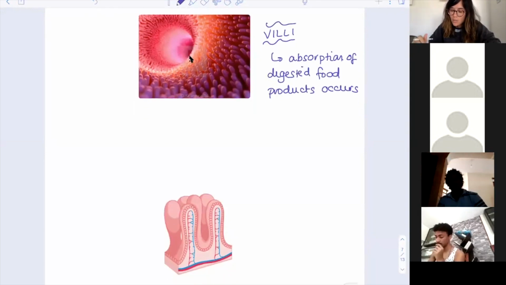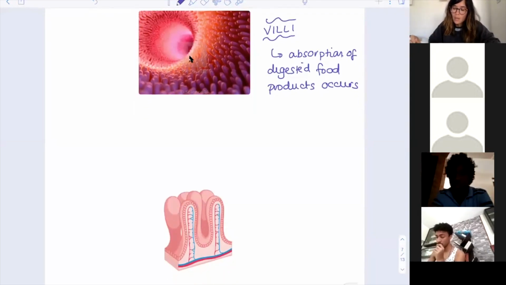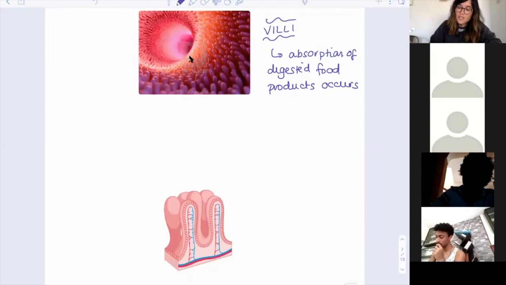And that's what this little diagram is at the bottom. You can think of it a bit like when you dry yourself with a towel. Think about the structure of a towel. It has all those little bumps on it. Why? To absorb as much water from your body as possible. How? By increasing the surface area over which that absorption takes place. Absorption within the small intestine is pretty much the same.